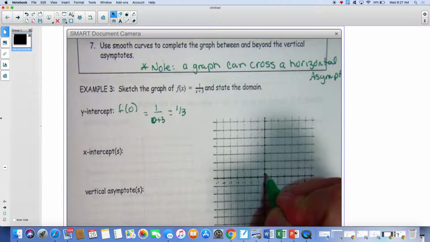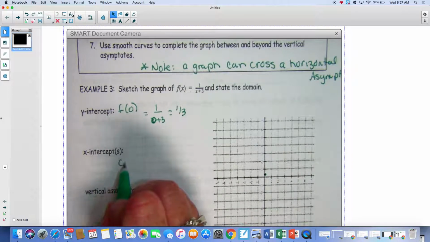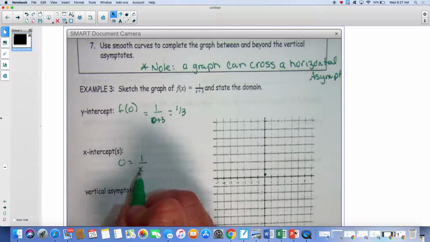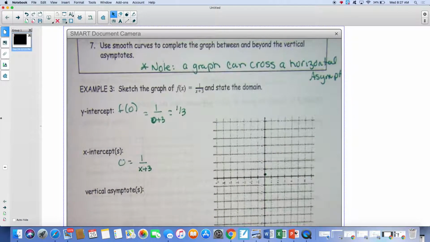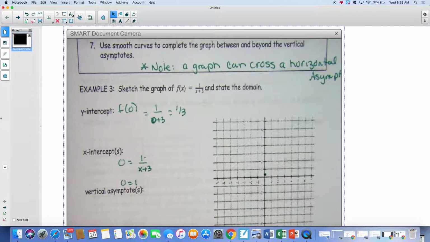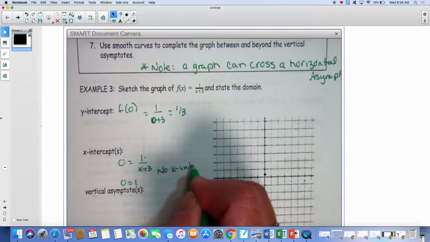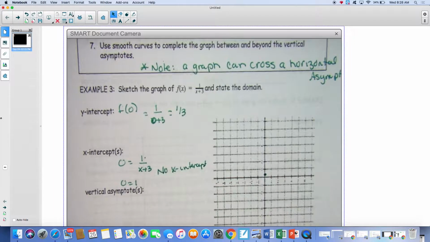It's about right here. X-intercept is when y is 0, you just set your numerator equal to 0. Will 0 ever equal 1? No, there's no x-intercept here. So that means that graph is not going to cross the x-axis.